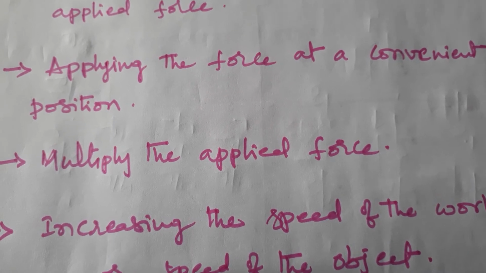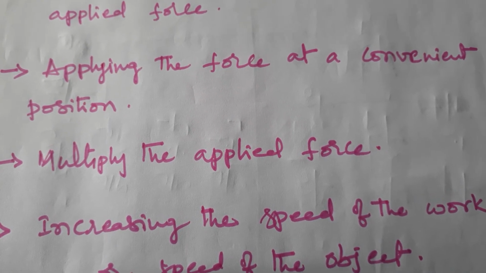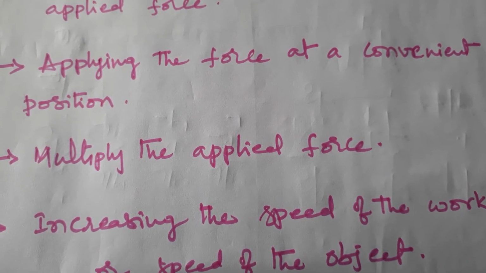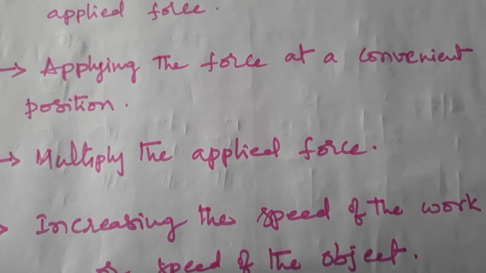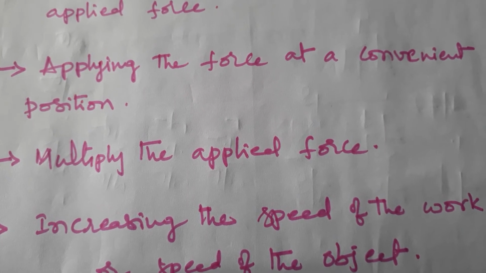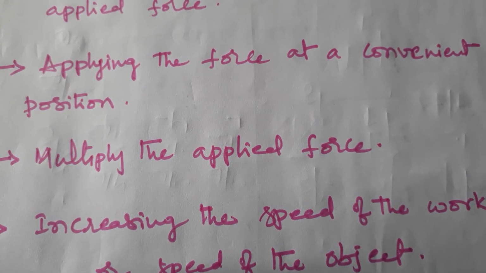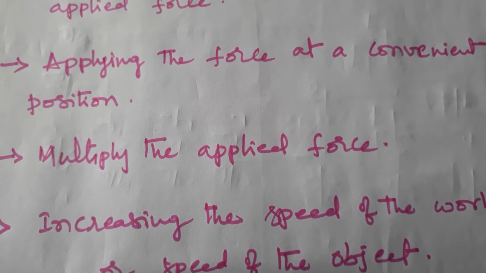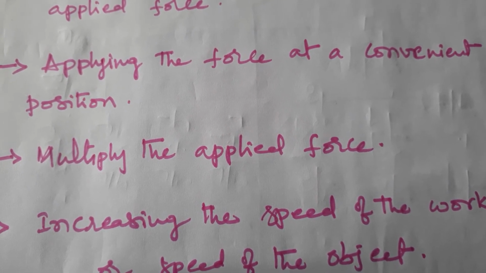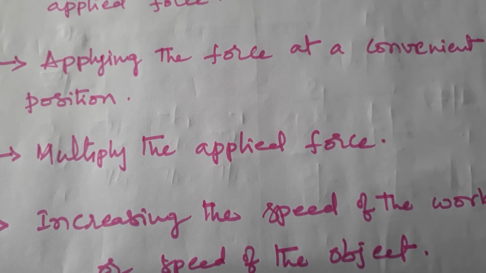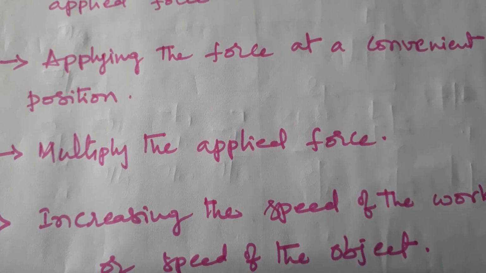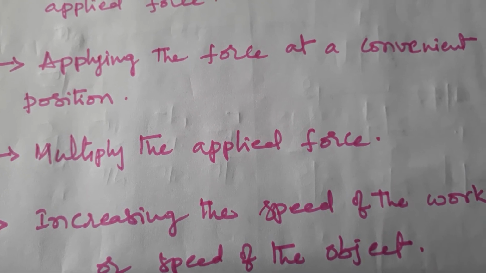Example, by applying force alone we cannot lift a car, but by using a jack, we can lift the car. Here the jack helps multiply our effort. So our force is multiplied by the jack, and that is why the car can be lifted.